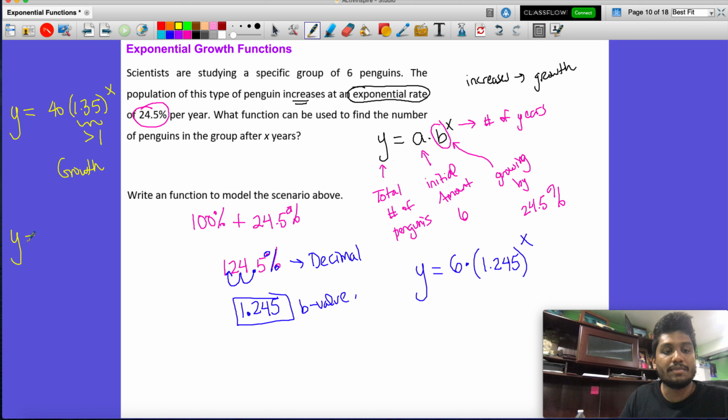If we have something that looks like this now, 0.75, if this number is less than 1, this is called a decay. It's decreasing. So here, this is our growth, 1.245, which is 124.5%. So this is the exponential function that's going to model this.